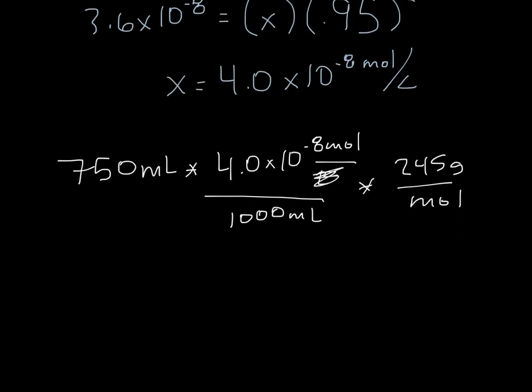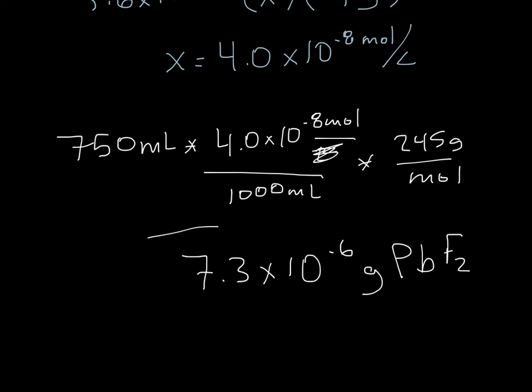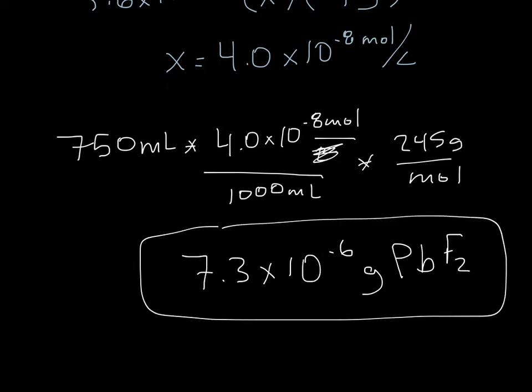And I will have how much lead-2 fluoride will dissolve in 750 milliliters of 0.95 molar sodium fluoride. That's going to be 7.3 times 10 to the negative 6th grams of lead-2 fluoride. And you'll notice I asked you to keep the other number in mind. This is a substantially smaller amount of lead-2 fluoride that will dissolve.